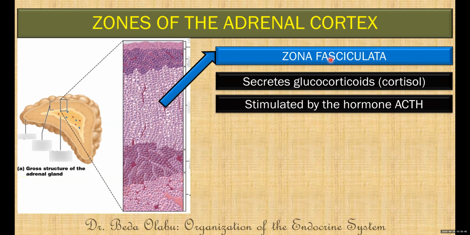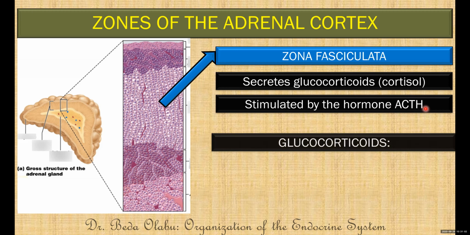For zona fasciculata to secrete cortisol, it will need some stimulation, and the stimulus is ACTH. You'll remember that ACTH comes from the adenohypophysis. This is what we call corticotropin. What do glucocorticoids do?